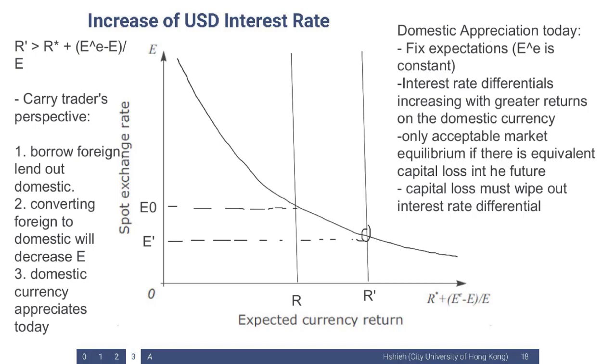We have interest rate differentials increasing, with greater returns on the domestic currency. Yes? So suppose we already have an equilibrium starting point. Suppose UIP is satisfied. We have a sudden increase in the domestic interest rate. Obviously, that's going to change UIP's equality. Yes?